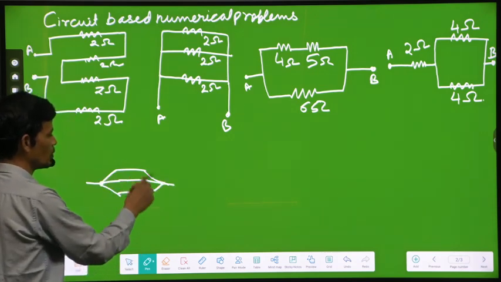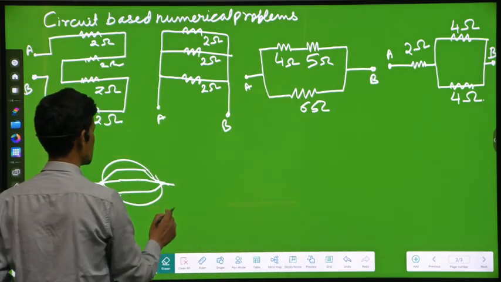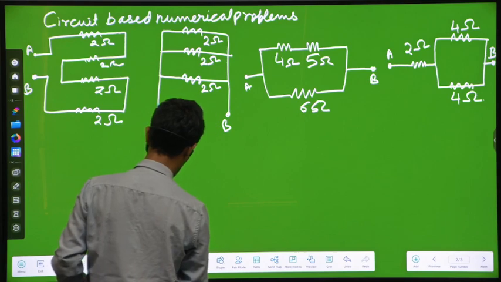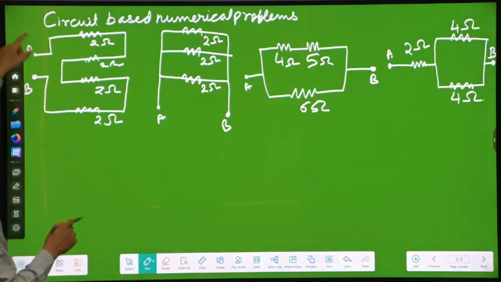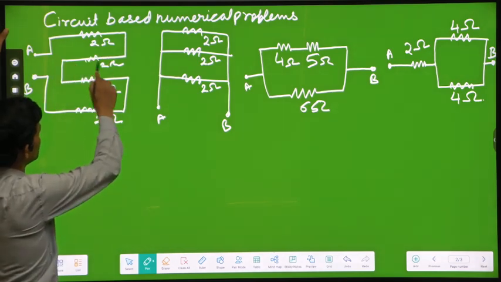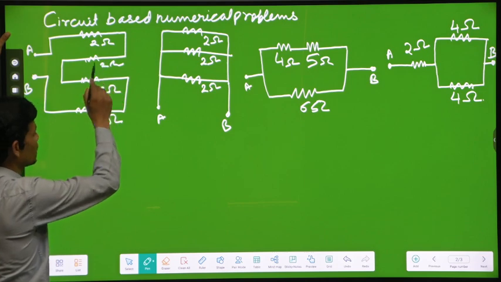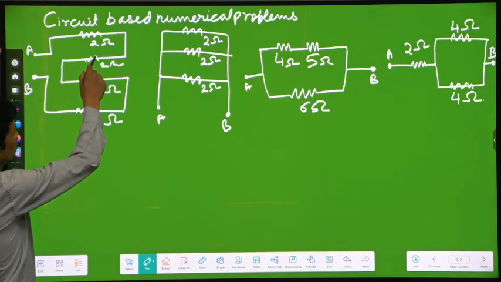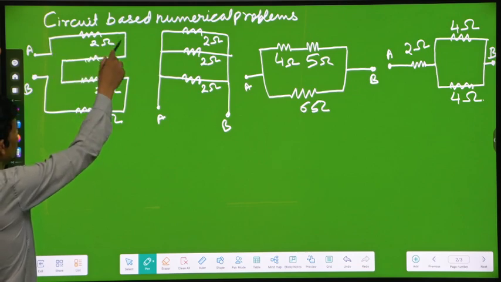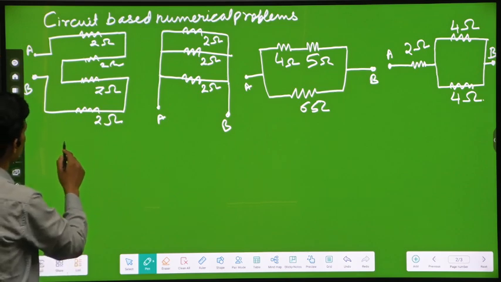And series is when the path is the same. So here in mathematics we can call these lines parallel lines, but if we talk about the resistors, they have been connected on a single path, and hence it is the case of series combination.